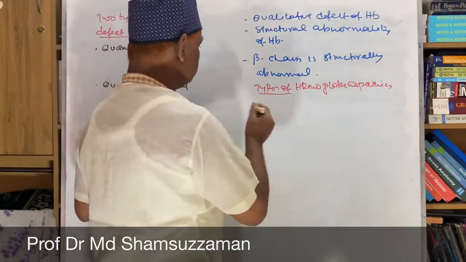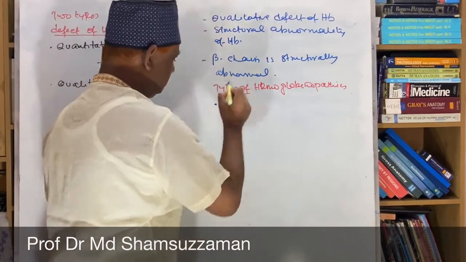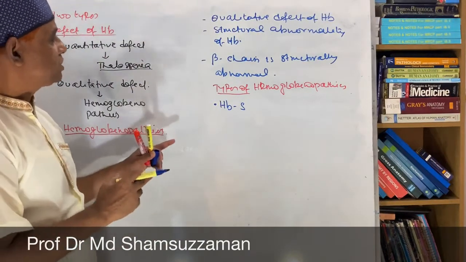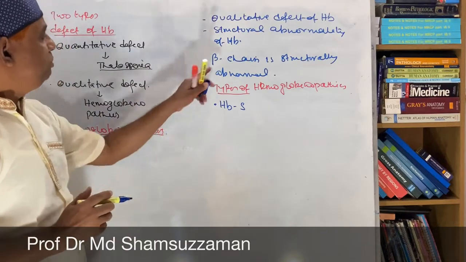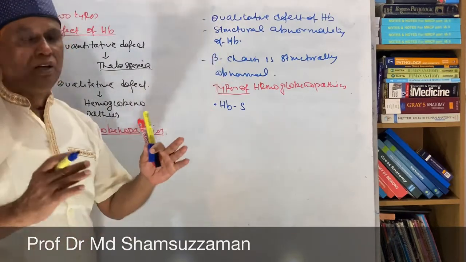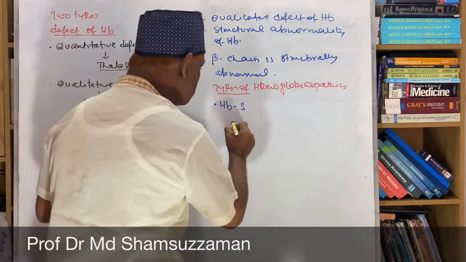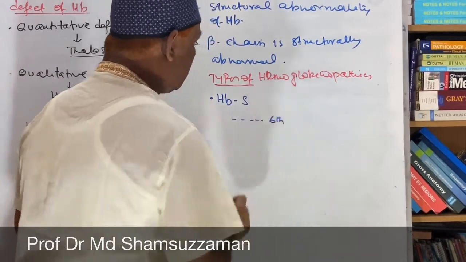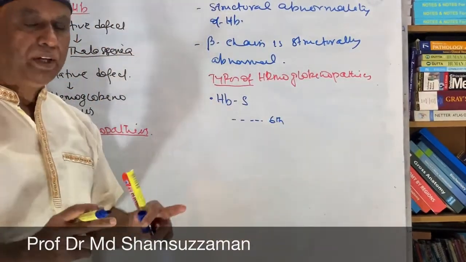Number one, hemoglobin S. Dear audience, what structural defect occurs in hemoglobin S? You know, the beta chain is a polypeptide chain composed of amino acids. In the sixth position of the polypeptide chain, there is normally glutamic acid.